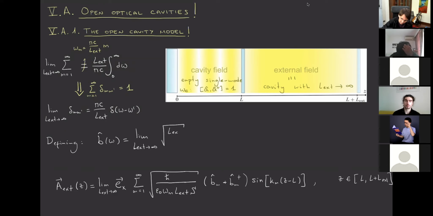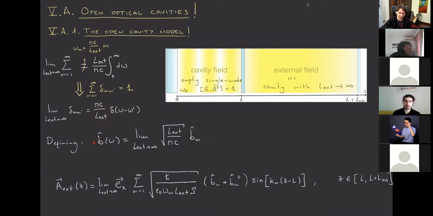The square root of L external over pi c times b m. Why do we do this? This is just for convenience, but the idea is that now the commutator of b m with b m dagger is the Kronecker delta. But we are replacing the Kronecker delta by a Dirac delta, and the Dirac delta has this factor here.